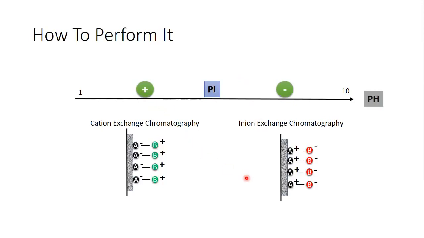And in this case, we should apply anion exchange chromatography, because our protein will be negatively charged. I know it might be a bit confusing. There is a rule of thumb. When the pH is higher than the pI, then the protein is negatively charged. And when the pH is lower than the pI, then the protein is positively charged. This is a rule of thumb.